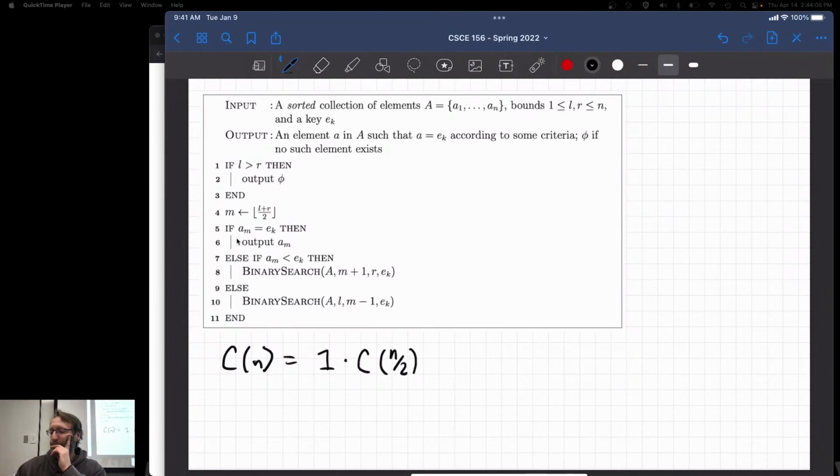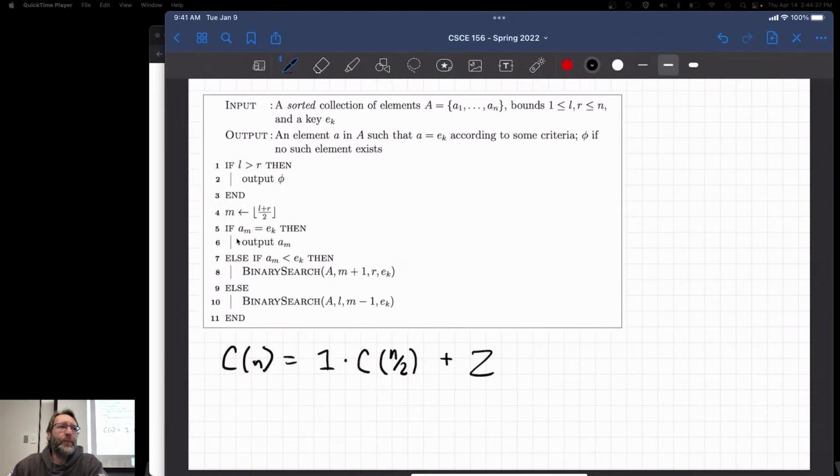Okay. How much non-recursive work are we doing here? How many non-recursive comparisons are we making? 1, 2. Okay, if you wanted to do it that way, we could. We'll go ahead and say 2. Really, is that 2 though?